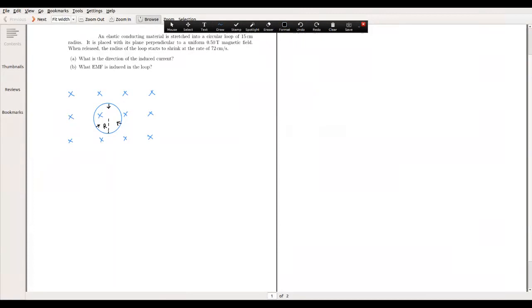R is a function of time, and velocity, or the rate at which the r is changing with respect to time, is given to be 72 centimeters per second, or 0.72 meters per second.